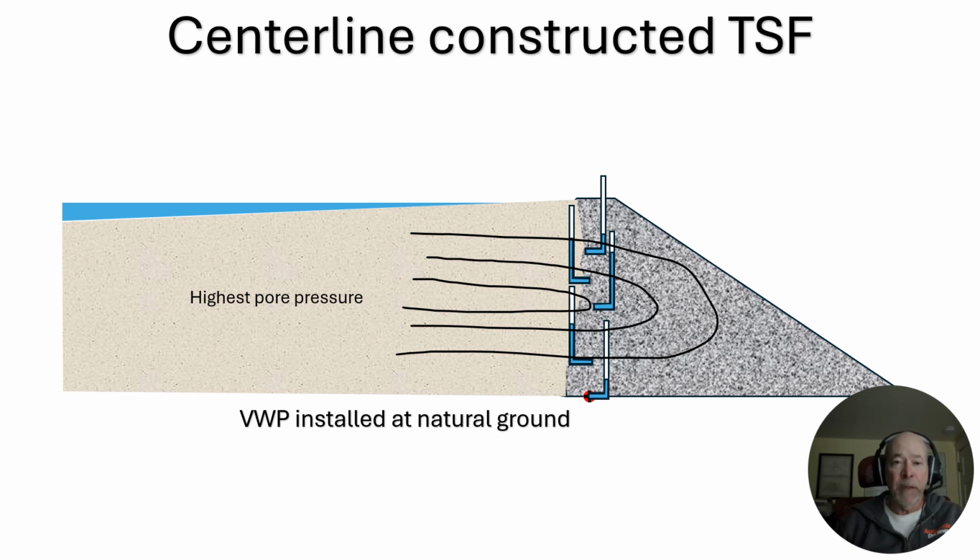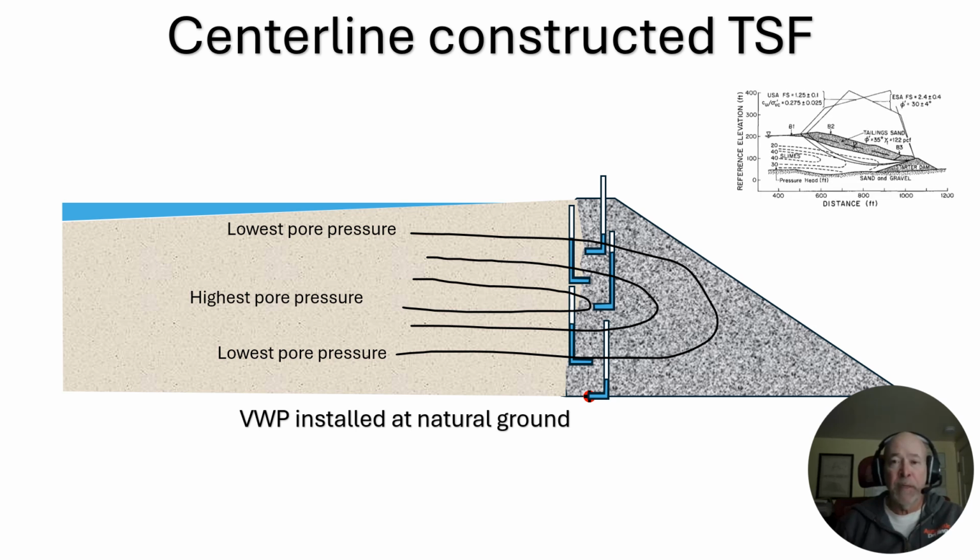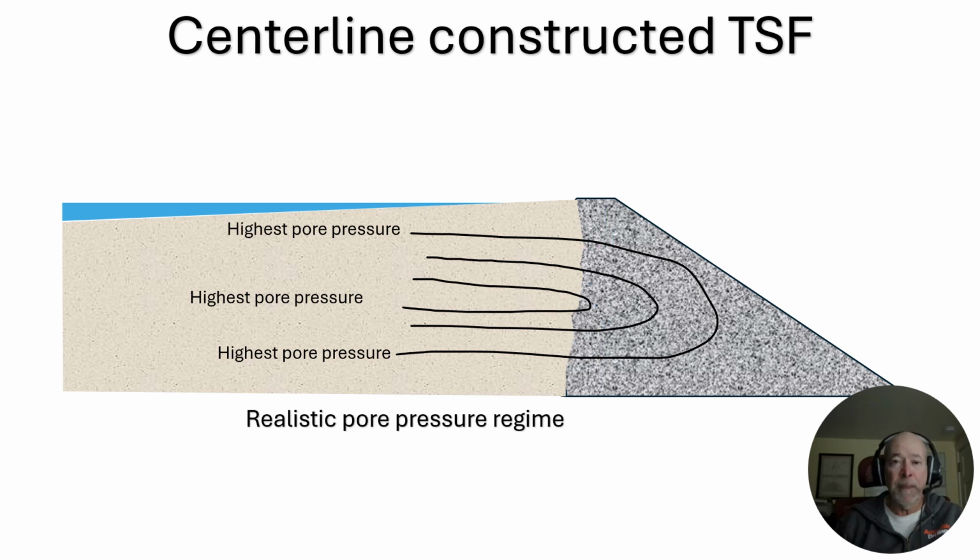So you can see we've got the highest pore pressure in the middle, lowest at the top and bottom, atmospheric at the very top, and possibly close to atmospheric at the bottom if it's draining well into a free draining base. So now, doesn't that look just like the figure from the Ladd lecture? Yeah, it looks a lot like it.